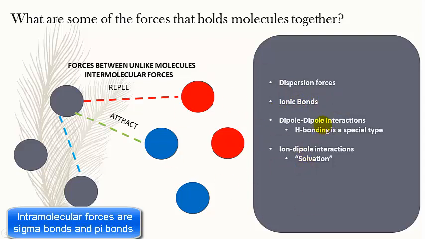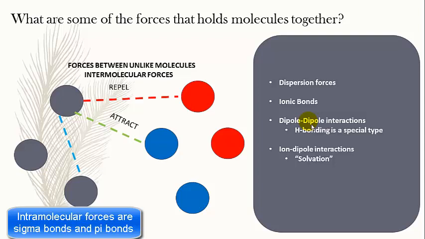And then we want to take some time to talk about dipole-dipole interactions. A special type of dipole-dipole interaction is hydrogen bonding. If a molecule is polar, it has a region that's partial positive and a region that's partial negative, and those partial positives can interact with a partial negative.